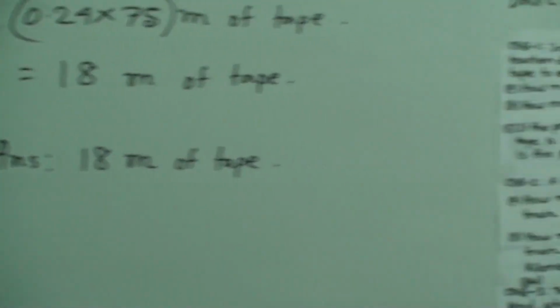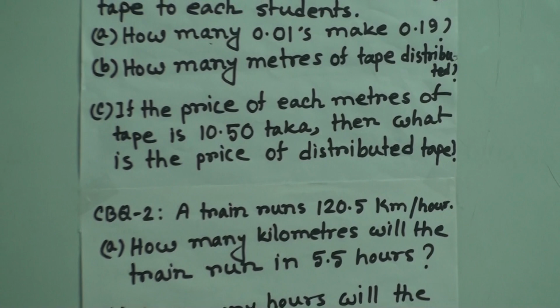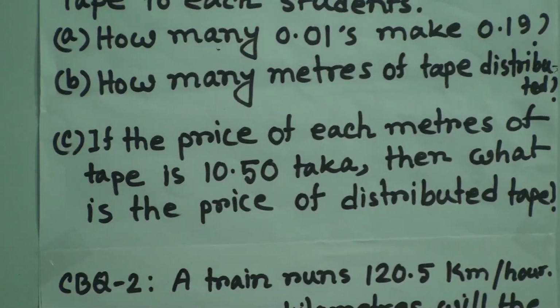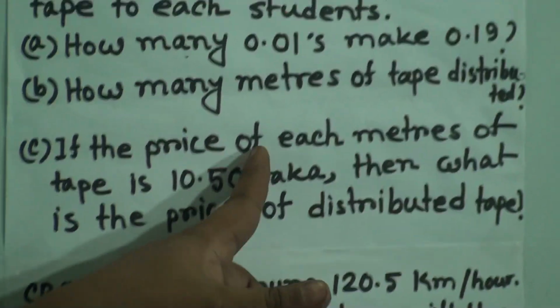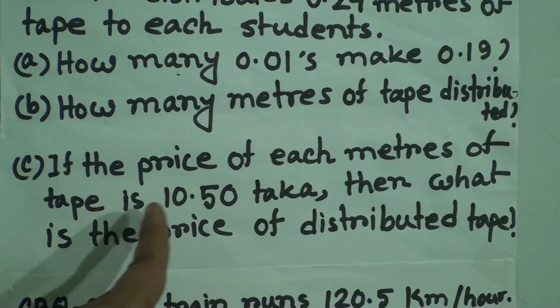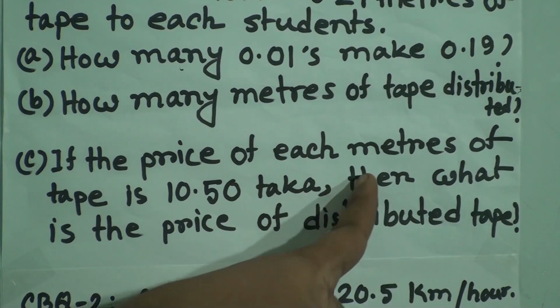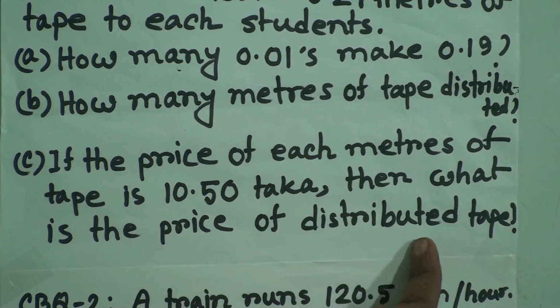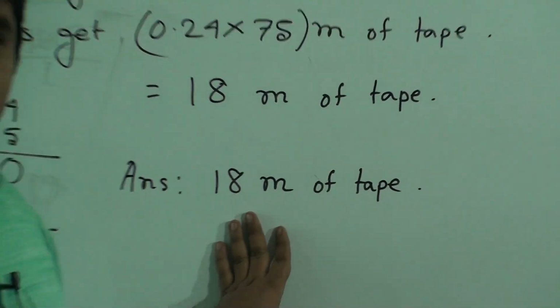Next we shall solve question number C, and it is a so easy question, right? Question number C: if the price of each meter of tape is 10.50 taka, then what is the price of the distributed tape? My dear student, in question number B we have already found out the distributed tape, which is 18 meter.